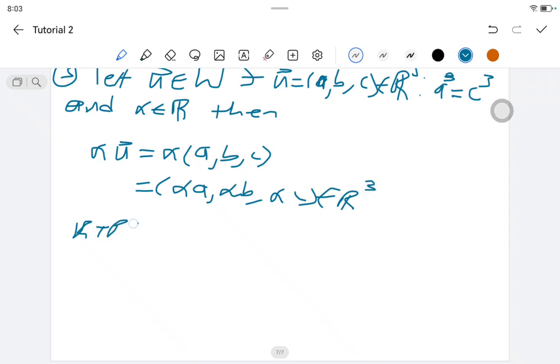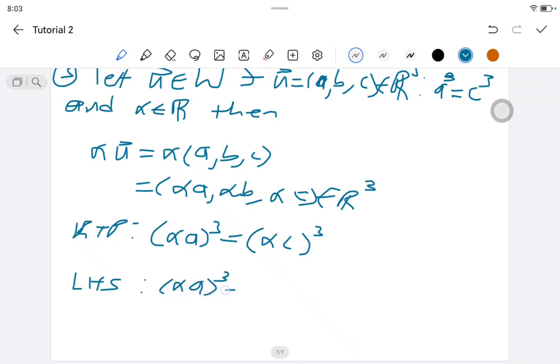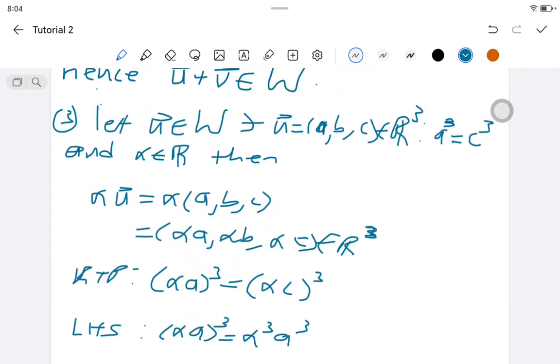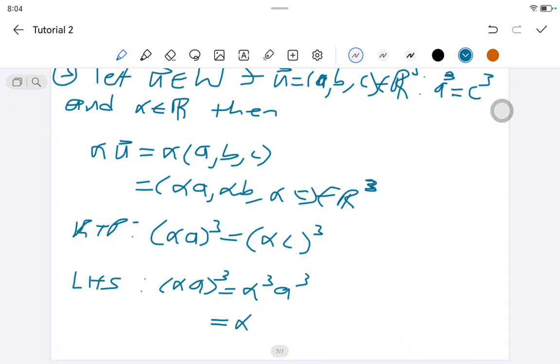Now we are required to prove that if I take alpha a cubed, this will be equal to alpha c cubed. And if I take the left hand side, we realize that this is alpha a cubed, which is equal to alpha cubed a cubed. And here we know that we're going to have alpha cubed c cubed, since a cubed is equal to c cubed.